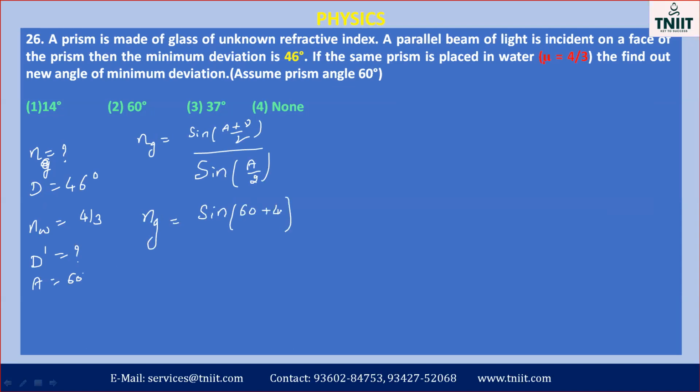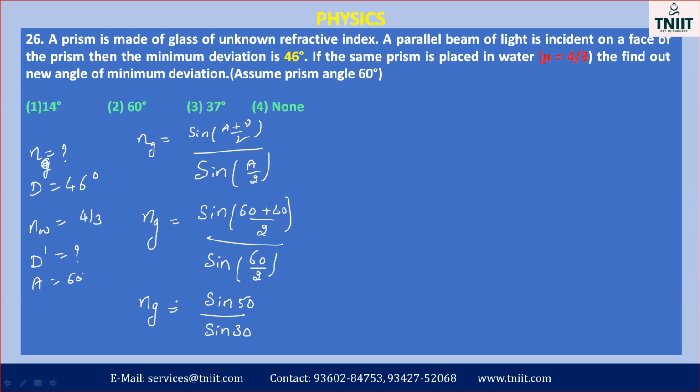The D value is 40. So Ng is sine of 100/2, that is sine 50, divided by sine of 60/2, that is sine 30. So the refractive index of glass is sine 50 by sine 30.